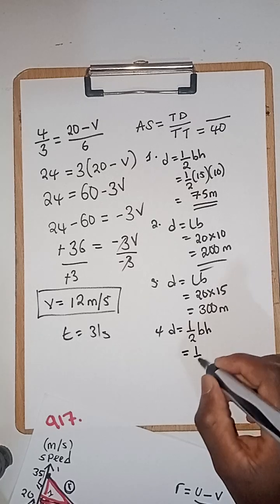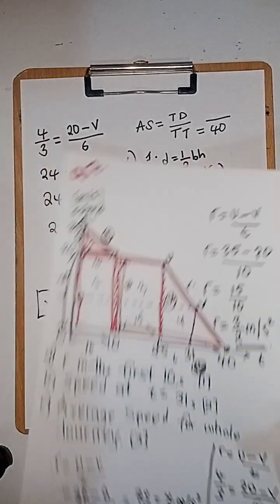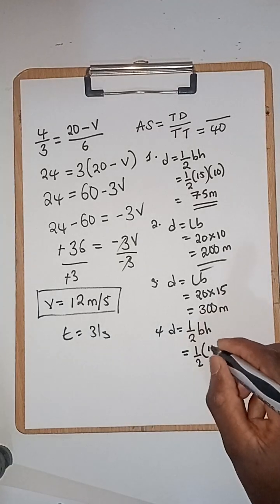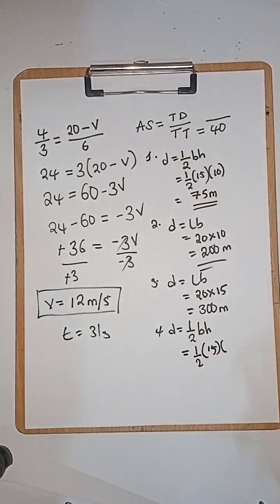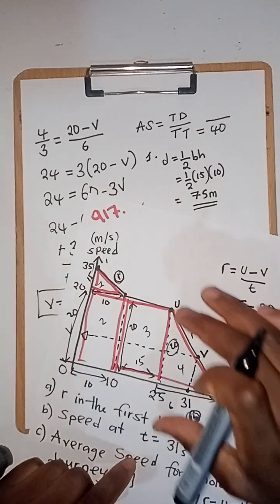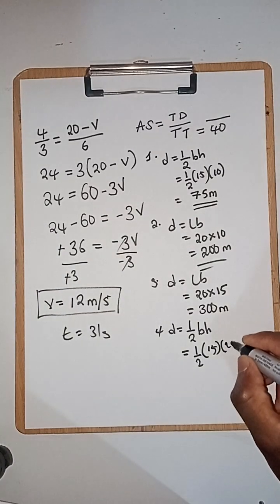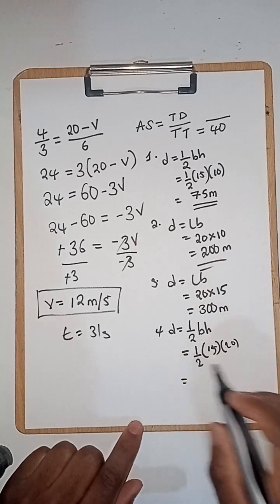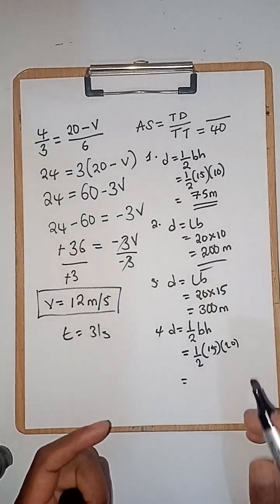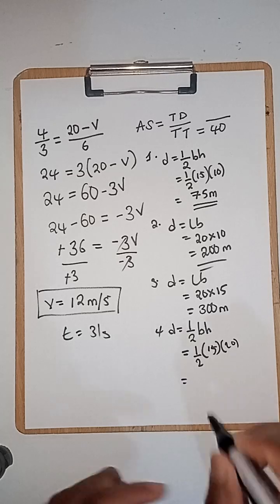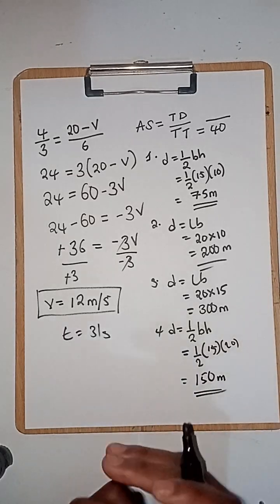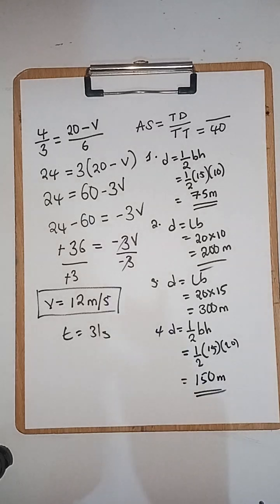We're going to have half times our base, which is 15, and then our height is 20. So half times 20 will give us 10. Now 10 times 15 will be 150. So we have found the distance for the 4 shapes.